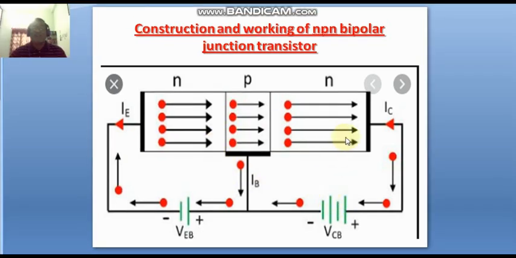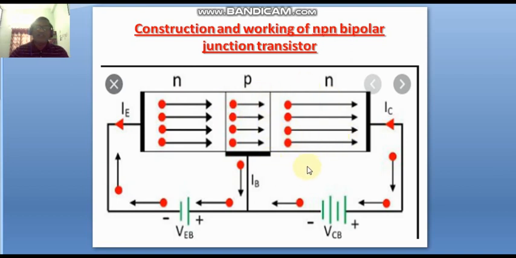Similarly, in the reverse bias the PN junction is acting, therefore this is also known as one PN junction diode. So there are two junctions here, therefore this NPN transistor is known as bipolar junction transistor.